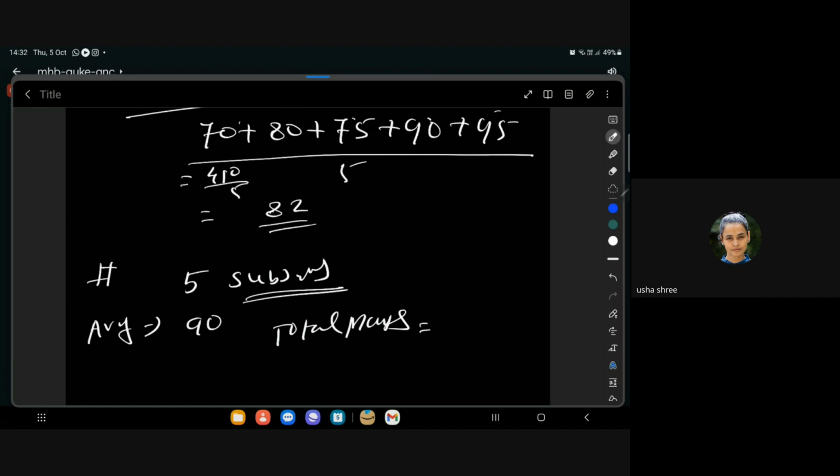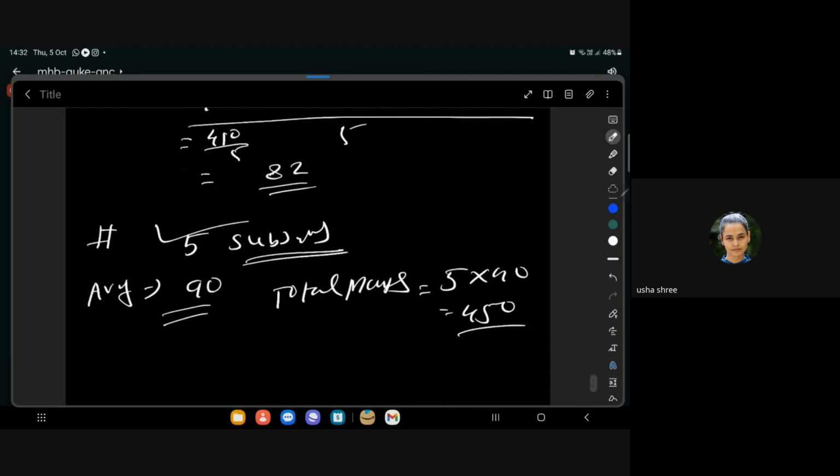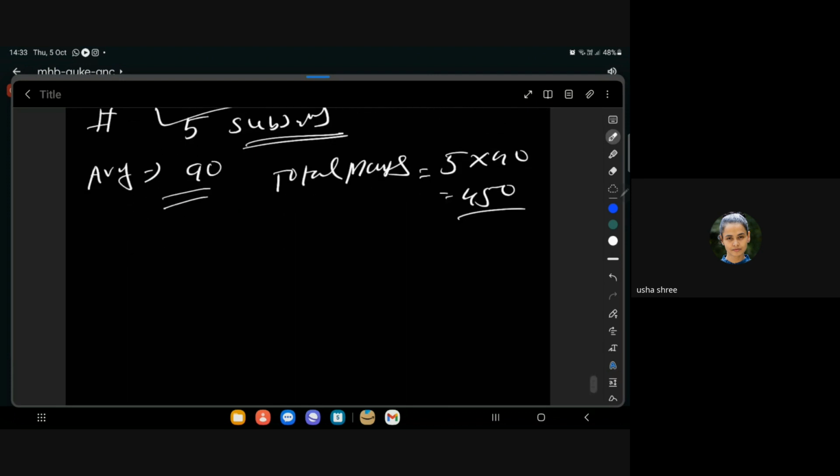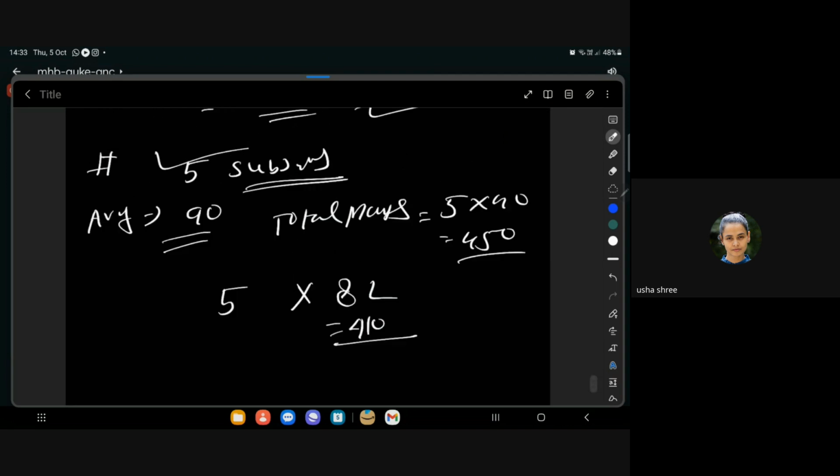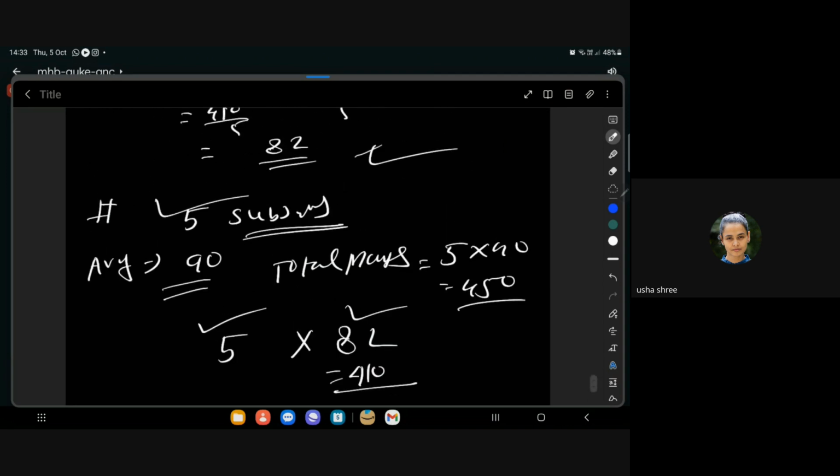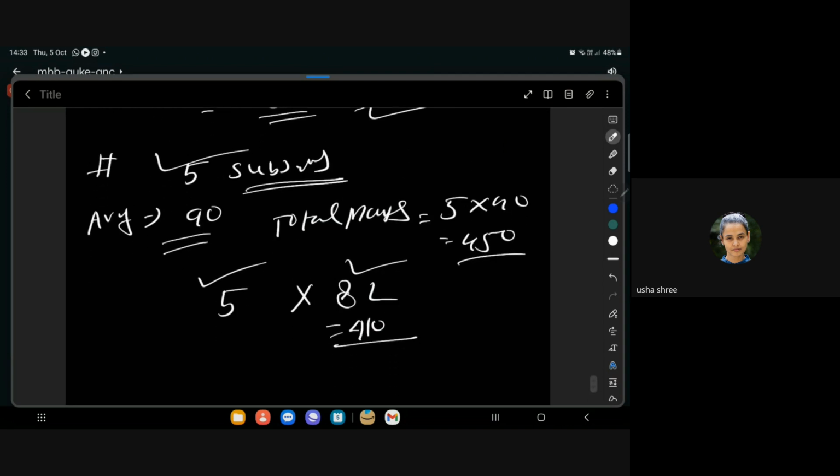If you know the number of observations and the average, just multiply, and you will get the total. In the above case, 5 subjects are there and the average is 82. If you multiply them, it becomes 410. So if you know the average and the number of observations, multiplying them will give you the total.